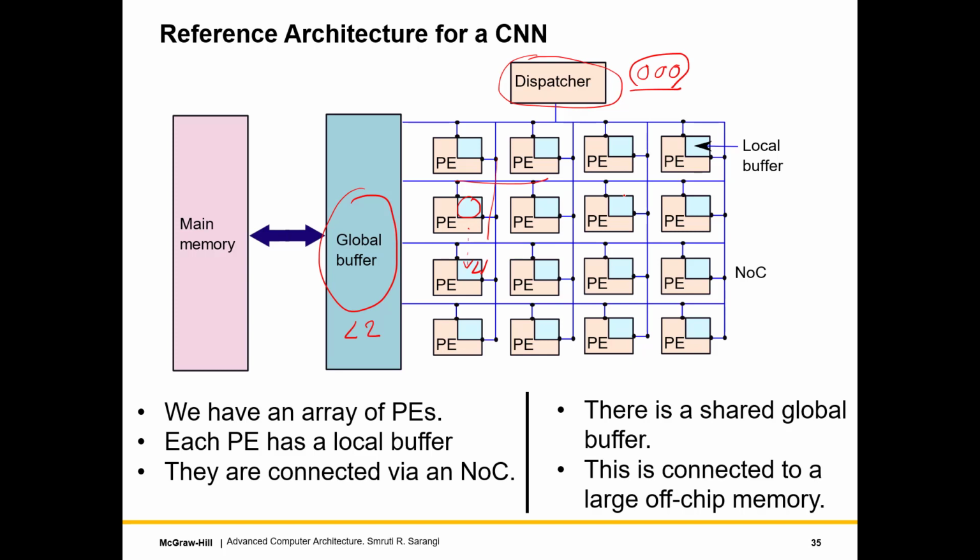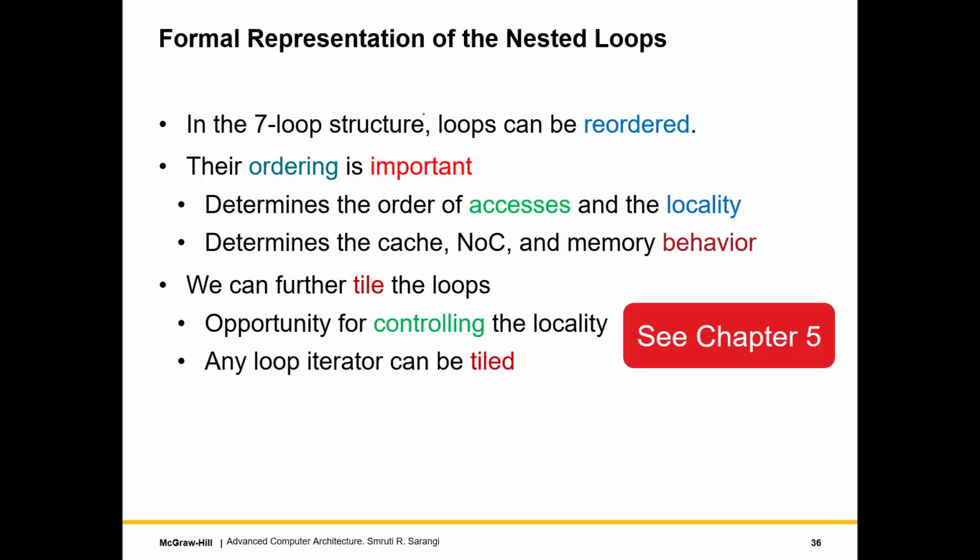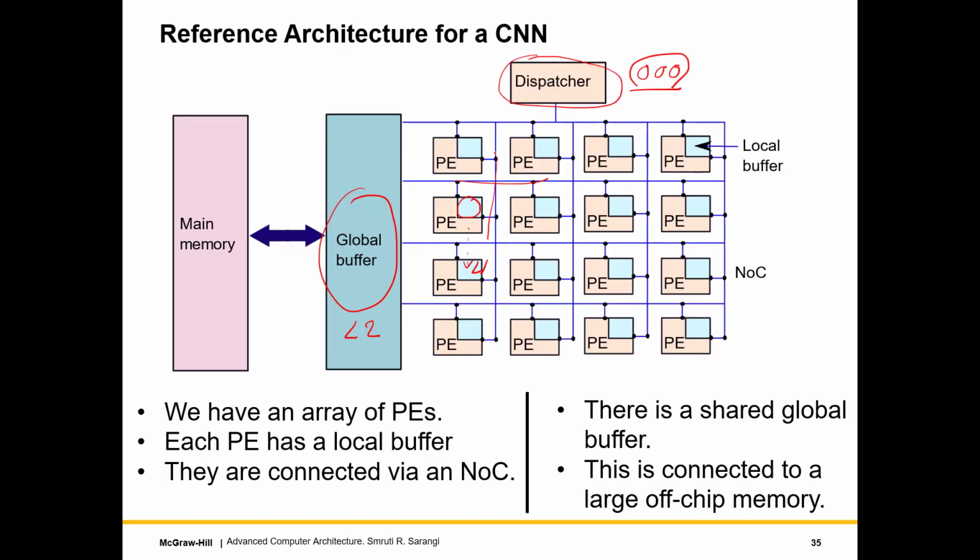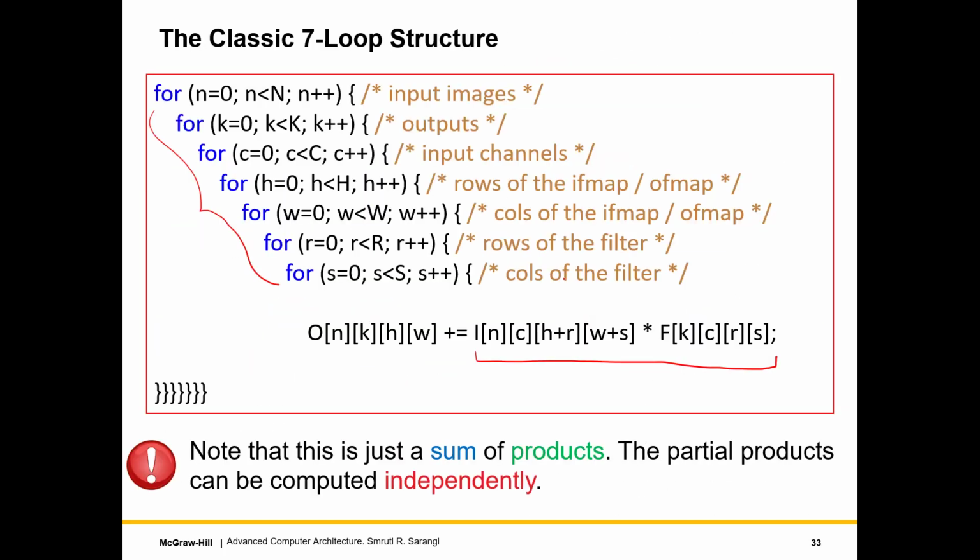orchestrate the entire communication. Now, coming back to our 7 loop structure, we argued that loops can be reordered, and the proof was essentially left to the brilliant viewers of this video. The computations are indeed parallel, because as you can see in this loop, there are no dependencies.